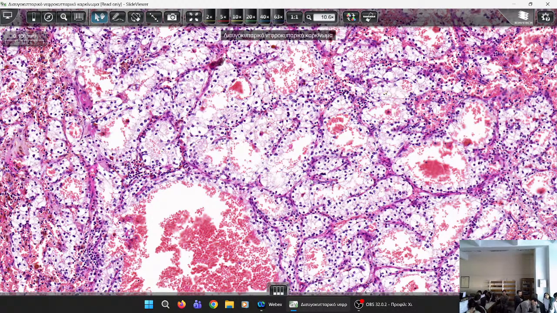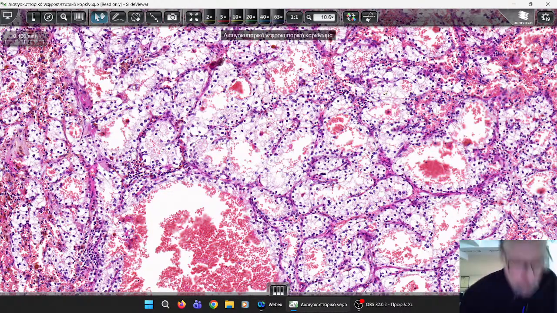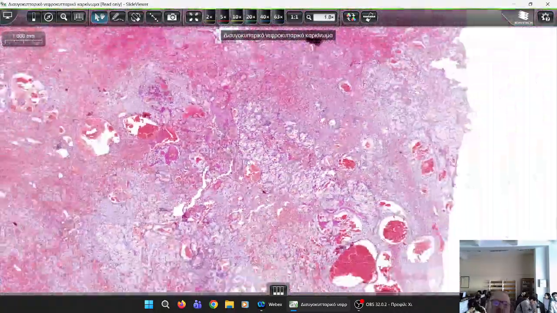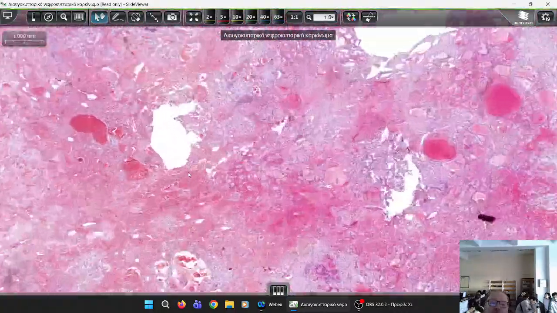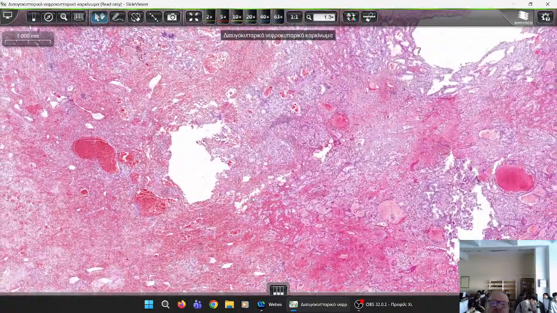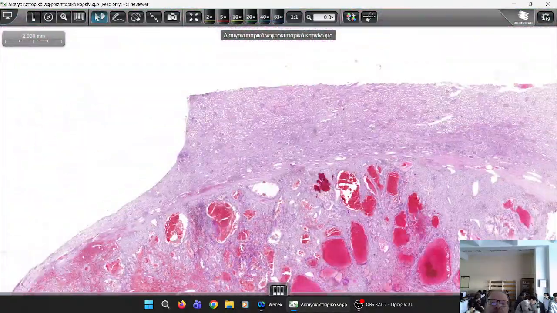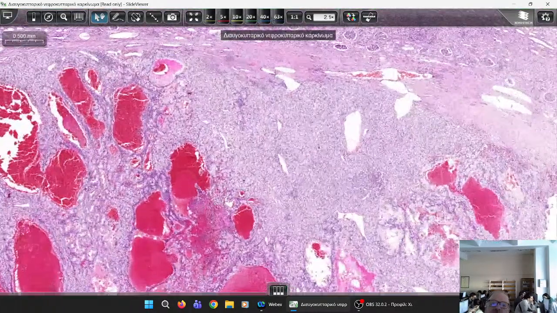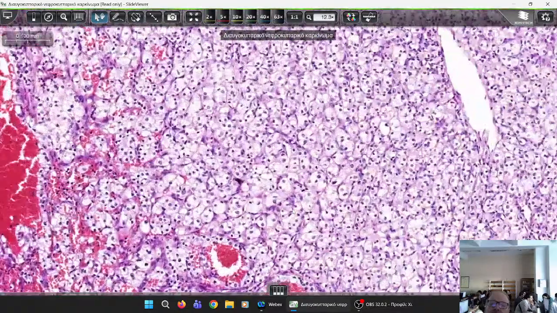As far as the present specimen is concerned, nucleoli are not so apparent, so it appears to be a low grade renal cell carcinoma. You see how hemorrhagic it is, having to do with the rich blood supply. You see, despite being a carcinoma, how well circumscribed it is.